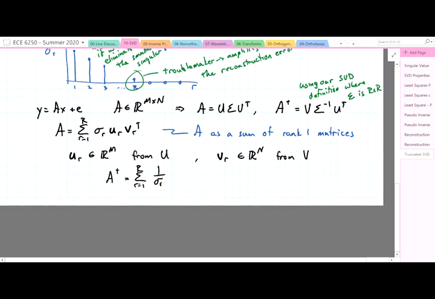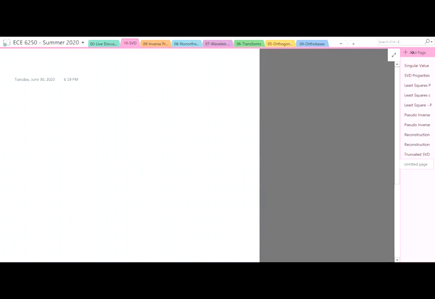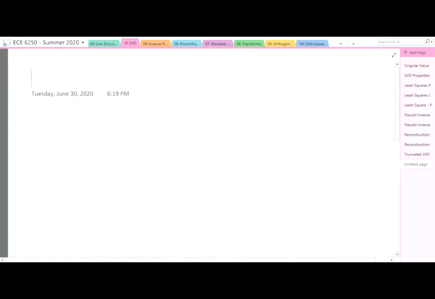It's 1 over sigma R times VR UR transpose. So you can see we've swapped the order from our expression for A. Okay, we're getting our terminology down.